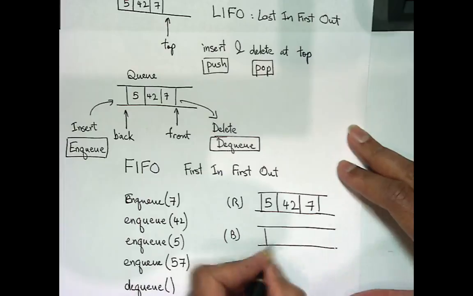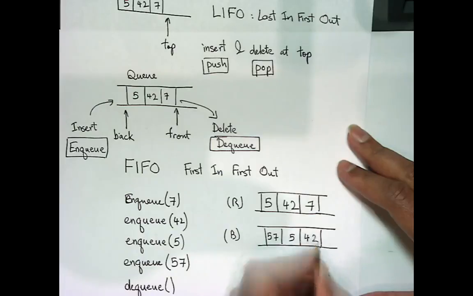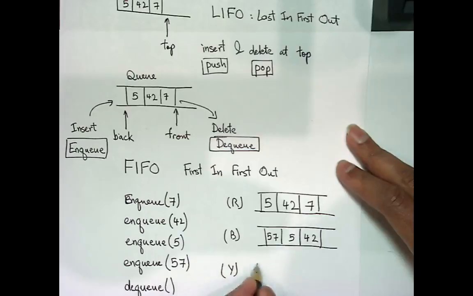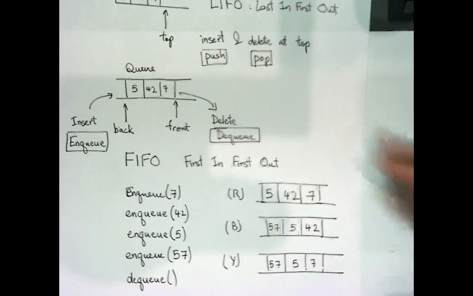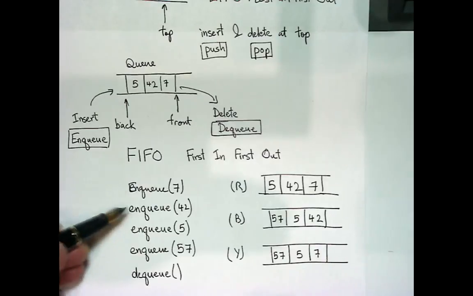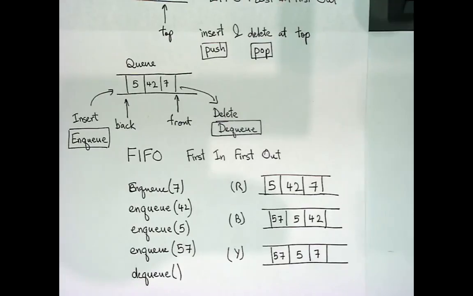Is it going to be that? Or is it going to be this? I ran these operations here, NQ 7, NQ 42, NQ 5, NQ 57, and then I did a DQ. Which of these remains? Good.